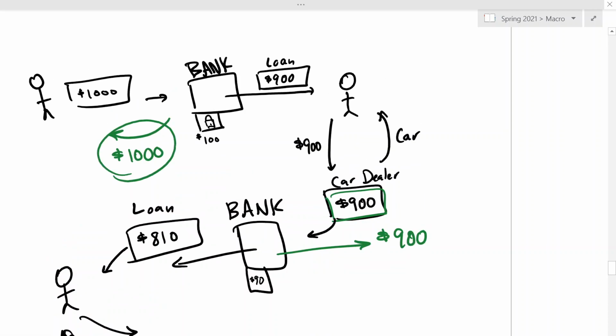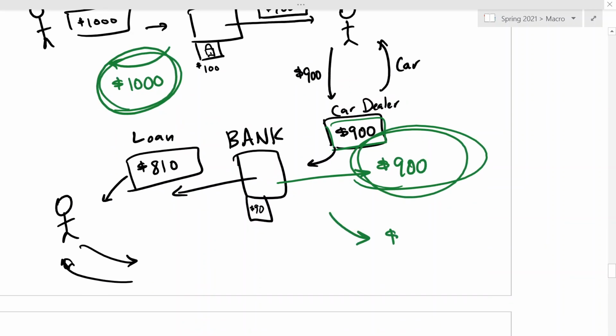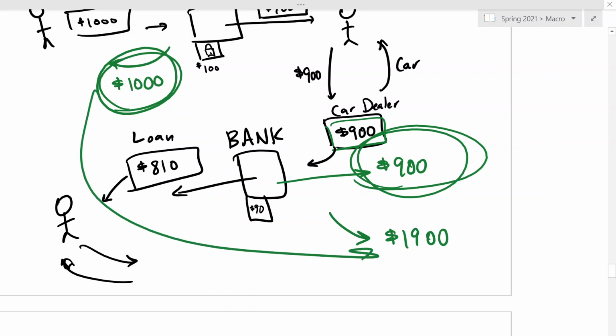I have $1,000, but the car dealer also has $1,000. That's $1,900. So the banking system has turned my $1,000 into $1,900, and it's going to continue, right?